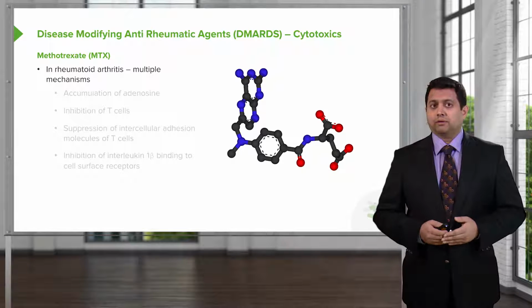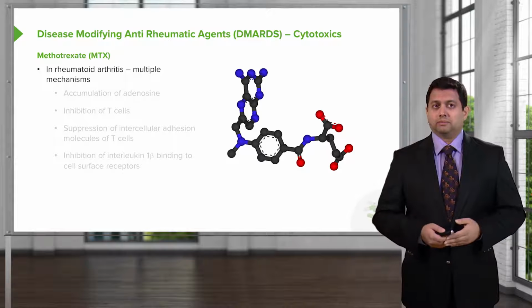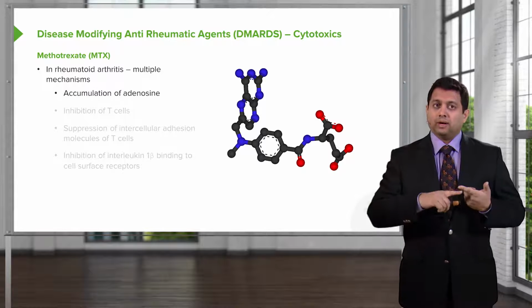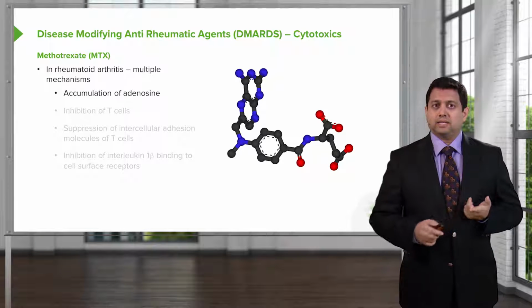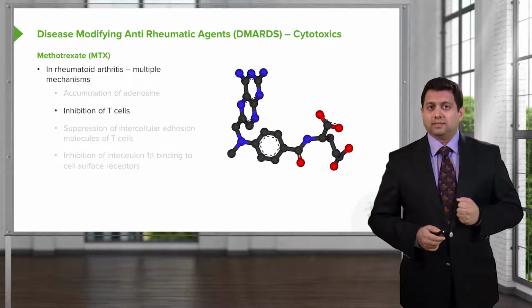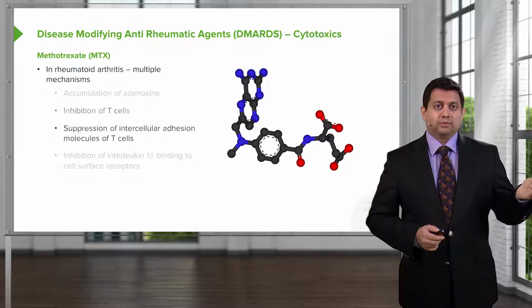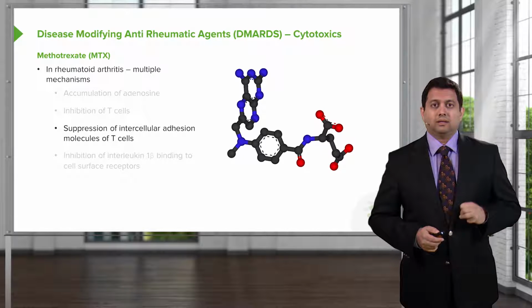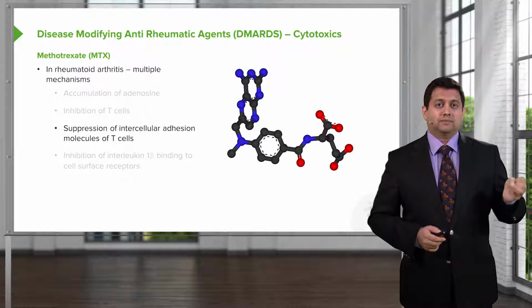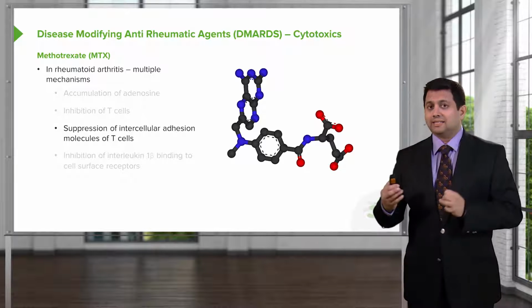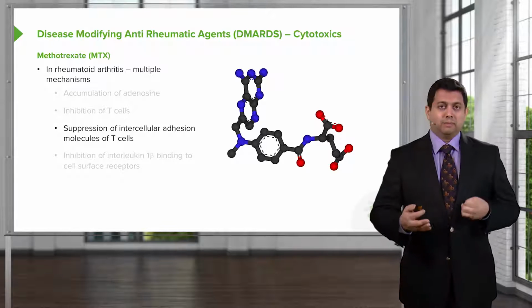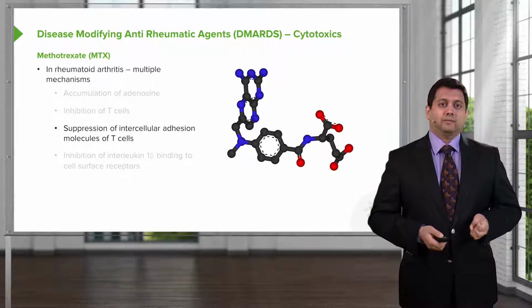In rheumatoid arthritis, there are multiple mechanisms of action. Number one, there's accumulation of adenosine. Number two, it inhibits the T cells. Number three, it suppresses intracellular adhesion molecules of the T cells, so the T cells can't attach to their target. And remember, T cells are very important in inflammation.